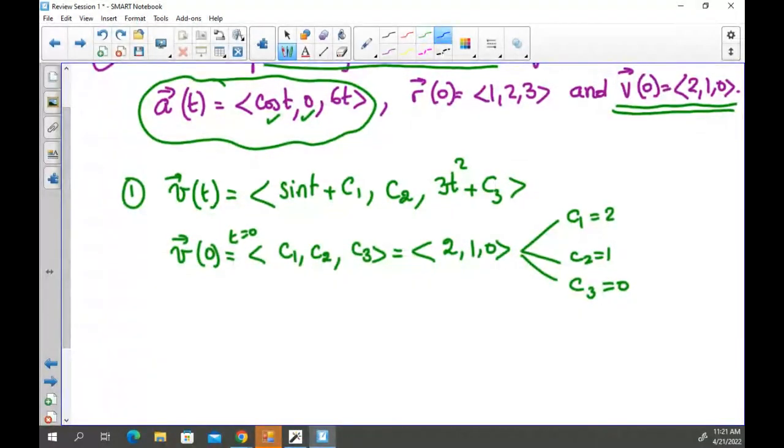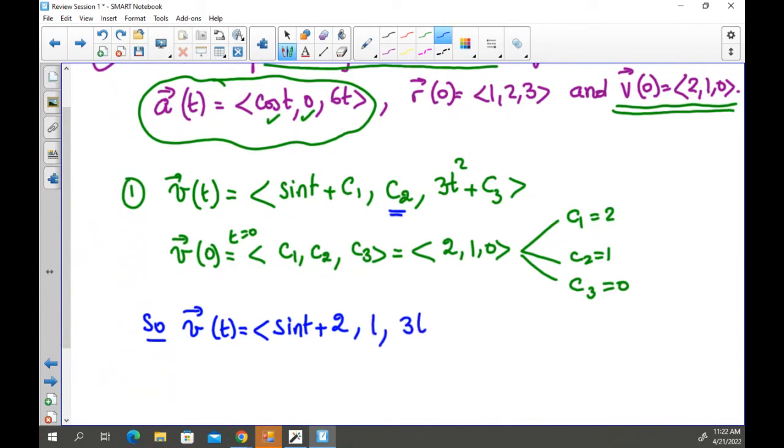So now I can write the velocity as sine t plus what? Plus 2. Thank you. And then c2, which is 1.